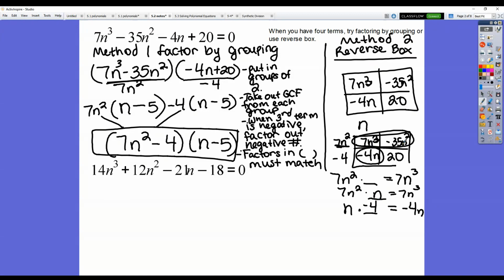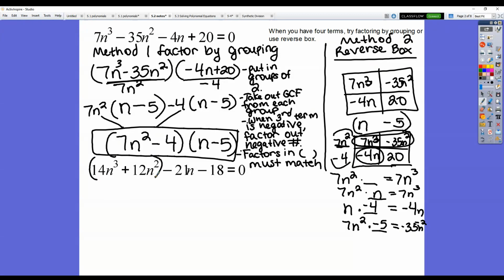Then, how do we get this box? 7n squared times what is going to give you negative 35n squared? Well, wouldn't that have to be negative 5? So then, look, there's your factors. Okay, that's factoring using the box. Some people like that better.